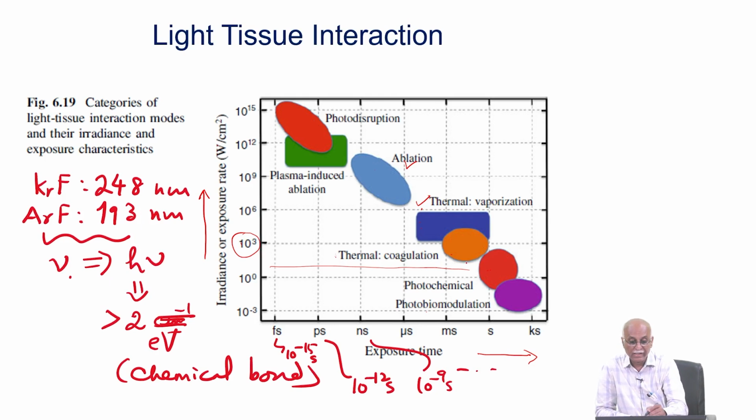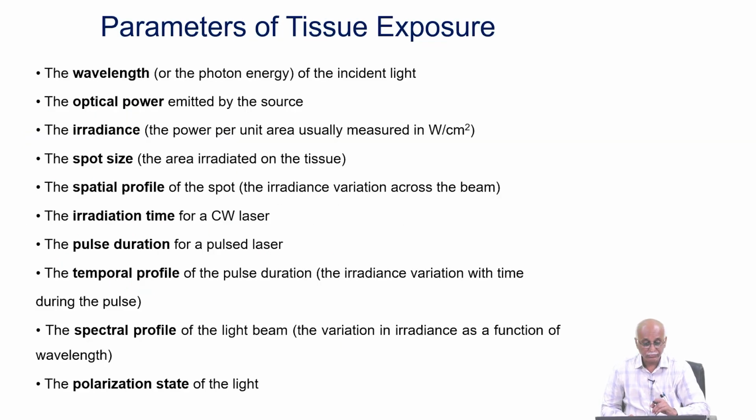And plasma induced ablation involves short pulse but high intensity lasers, or ultrashort pulse and high intensity lasers. We will try to see some of these approaches in due course.